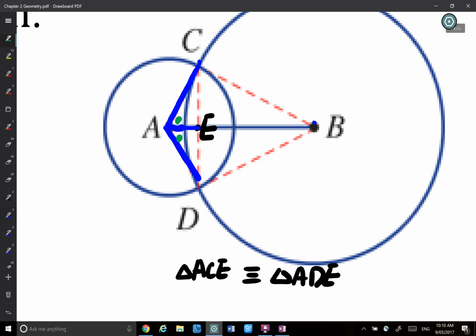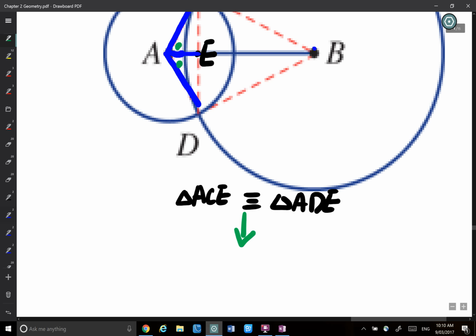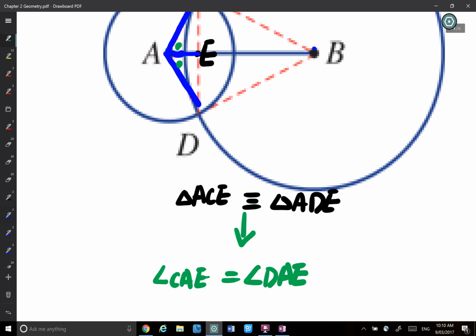Therefore, I need to prove that CAE equals DAE. In order to prove those two triangles are congruent, I need to prove those two angles equal first. That's how you think about this question.